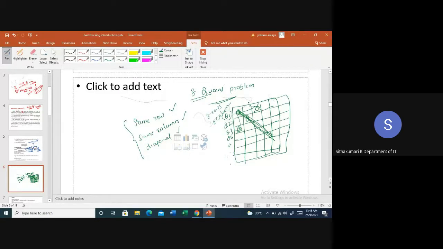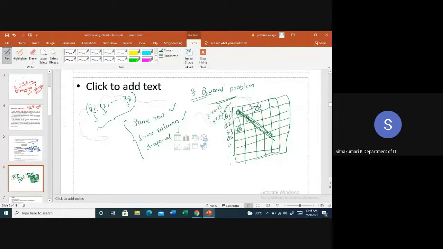All the solutions to this 8 queens problem can be represented as 8-tuples. How can the solution be represented? Solution x1, x2, x3 up to x8. x1 gives the column of the first queen, x2 gives the column of the second queen, x8 gives the column of the eighth queen. So this is the solution vector.